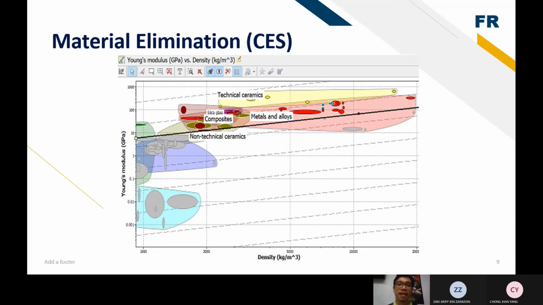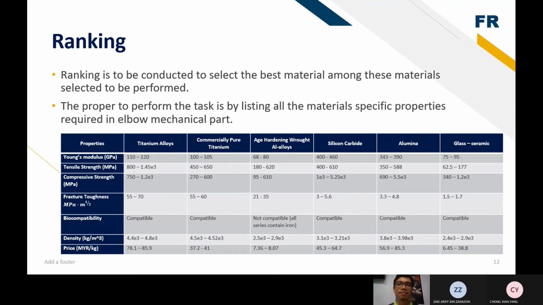So from this, once we have already simplified the materials, now we want to select among them what is the best material to be used for the surgical elbow implant.